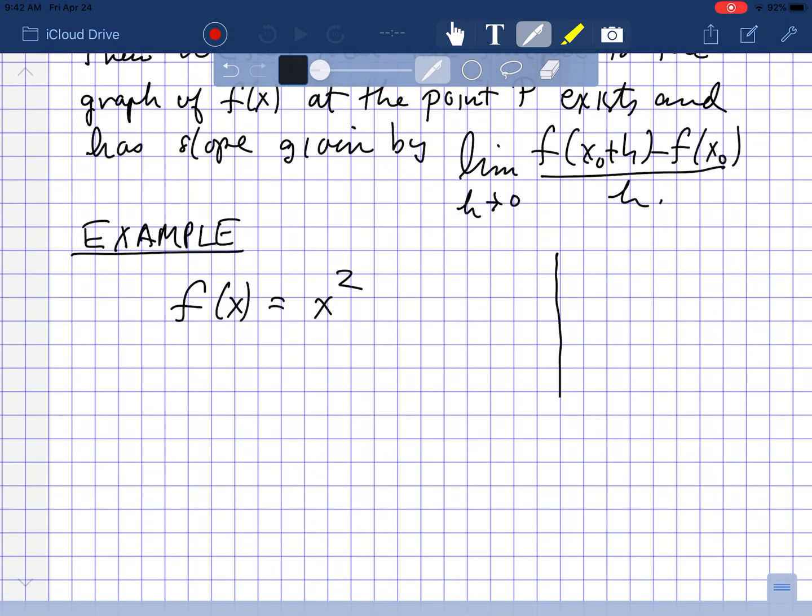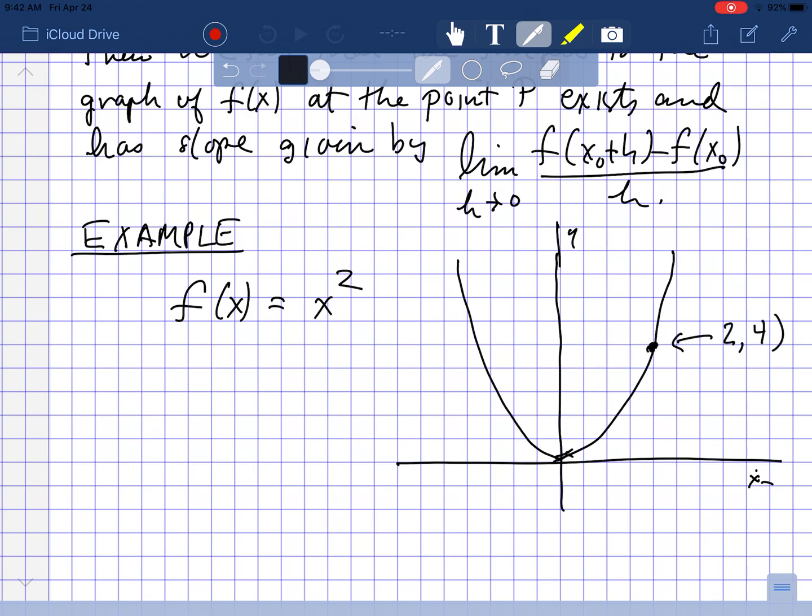So the graph of this function is kind of like this. Parabola symmetric about the y-axis. And let's take a point here. Let's take the point 2, 4. And this will be our point P.